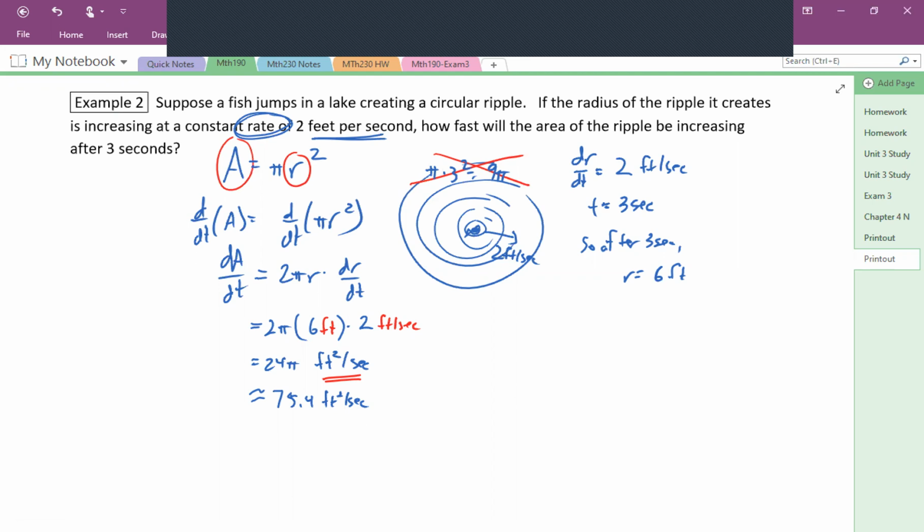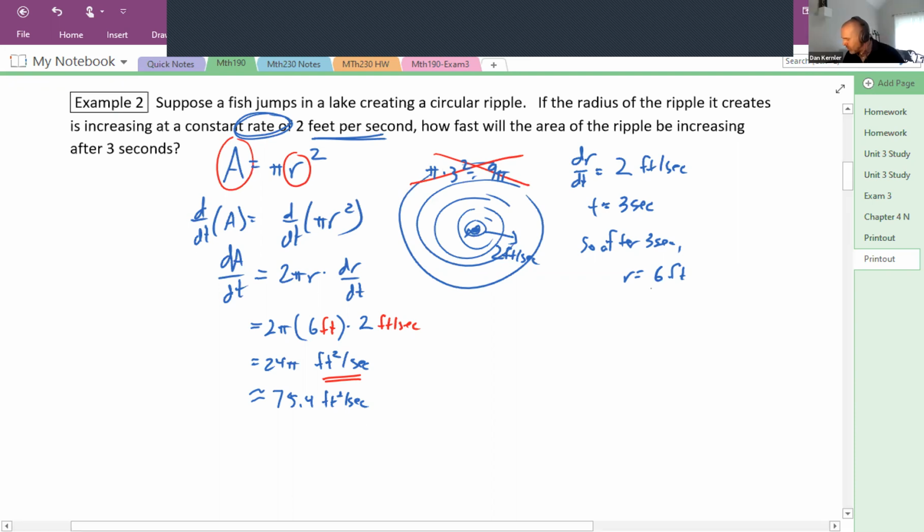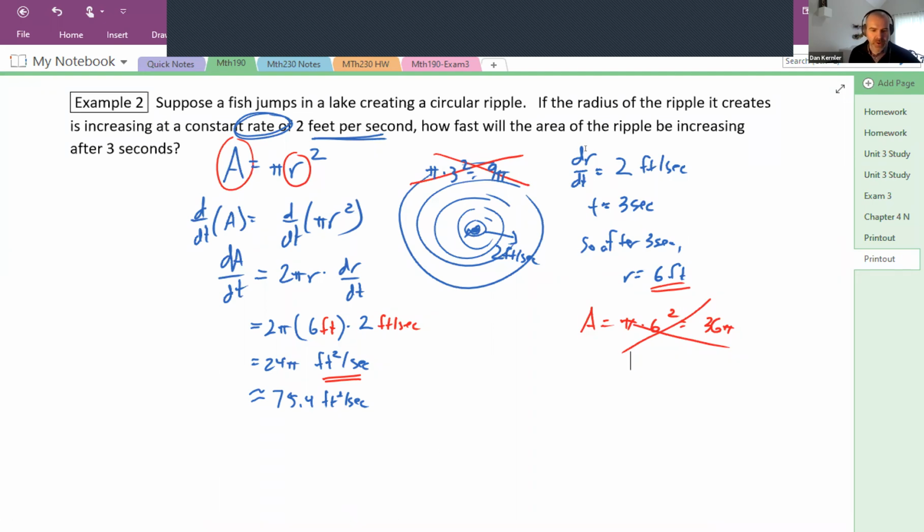And then at 3 seconds, the radius will be 6 feet. And so at that point, the area will be pi times 6 squared, which is 36 pi. But that's the area. So that really isn't relevant because we don't want the actual area. We want the rate of change of the area. I don't know what that 3 squared was there. That was just me trying to teach kind of spur of the moment there.